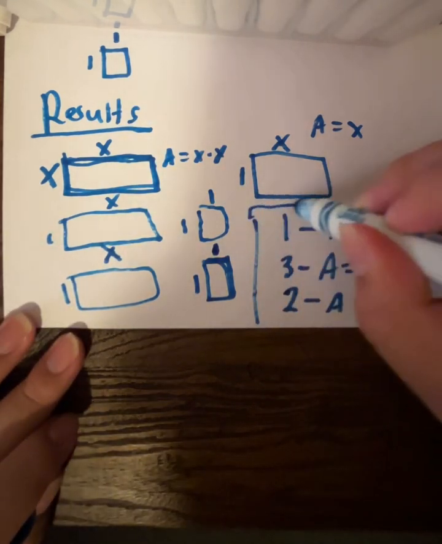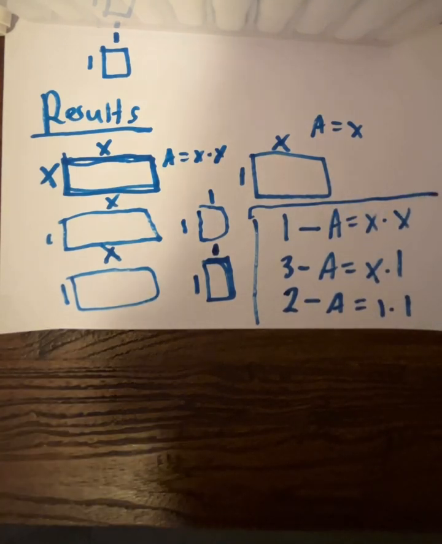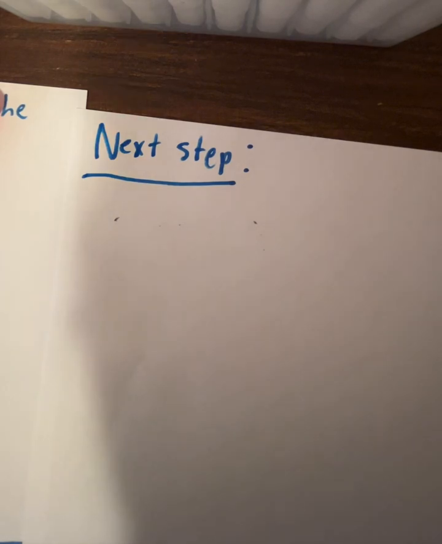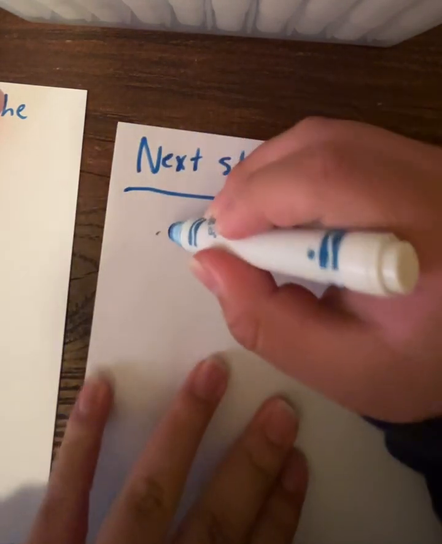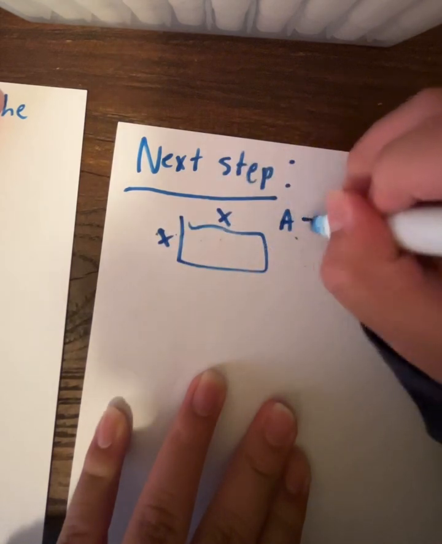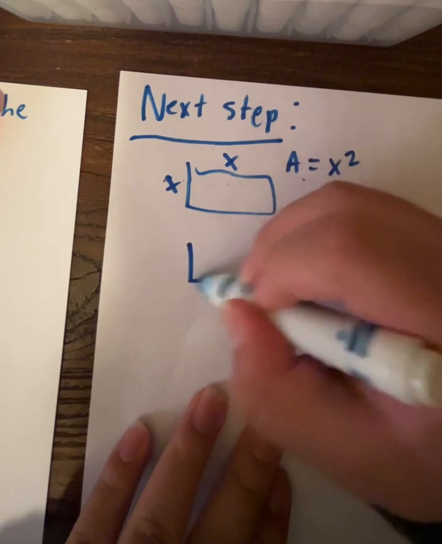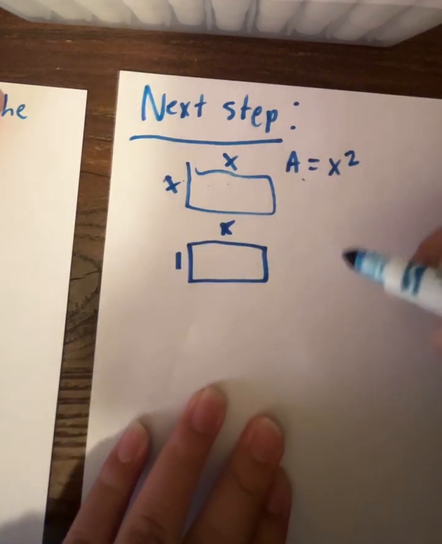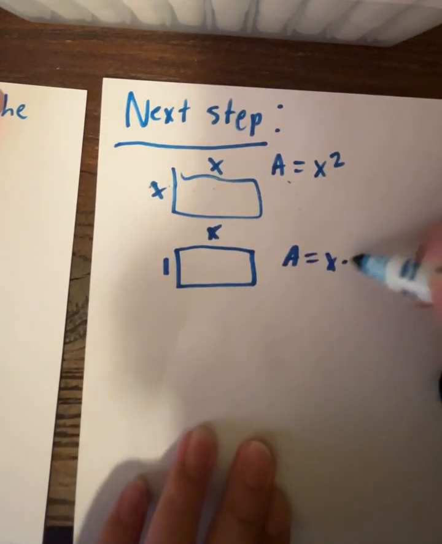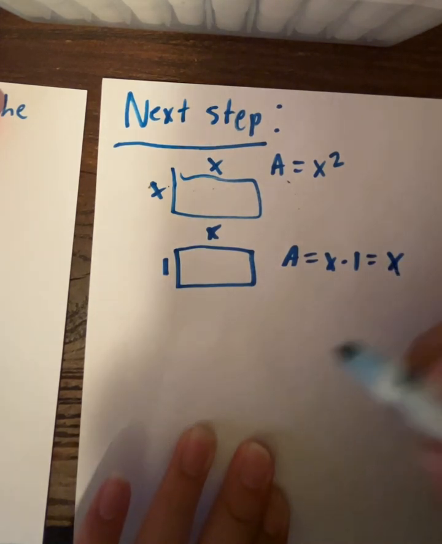With these results, with the multiplication, what do you think will be our next step? If you said add, you're definitely correct. We're going to be adding all of those rectangles or squares. So we have 1 with area x squared. We have 3 with area x times 1. We have 3 of these.